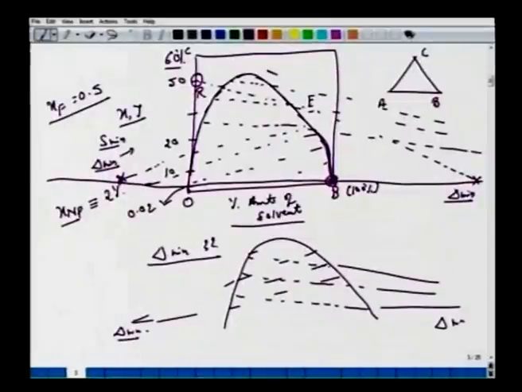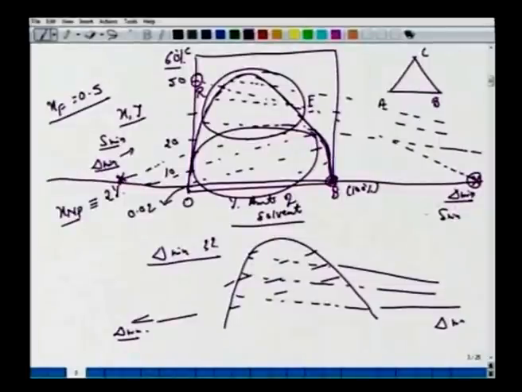Here there are some tie lines at the lower concentrations and some at the higher concentrations where the slopes are different. So in principle, one has to calculate what is the S min required from here, and what is the S min required from here. Either of these two will give you an S min. You have to compare the two and take the larger amount, so that we are on the safer side.